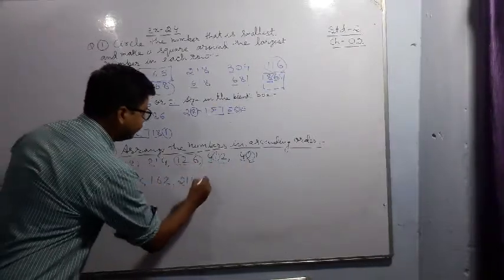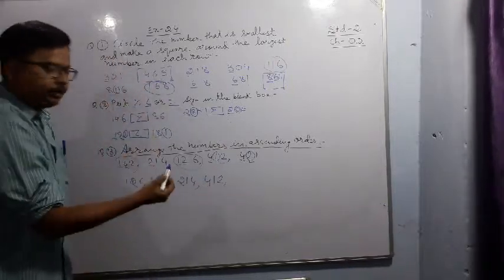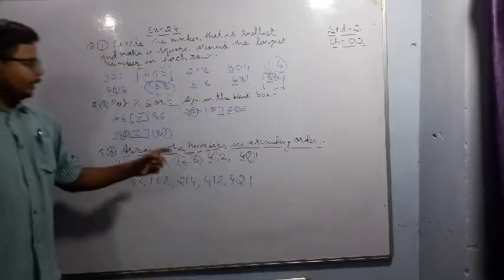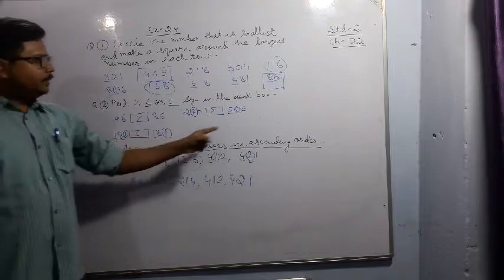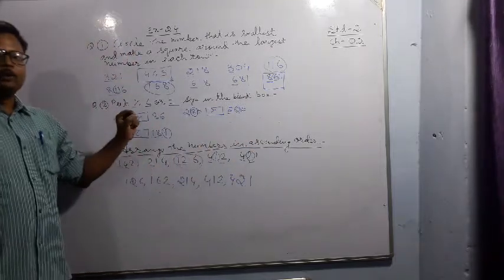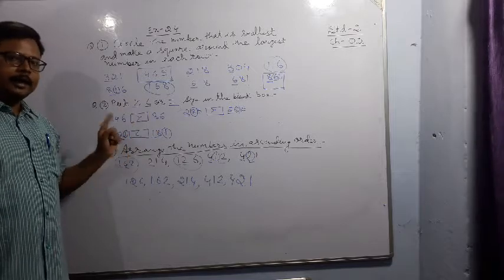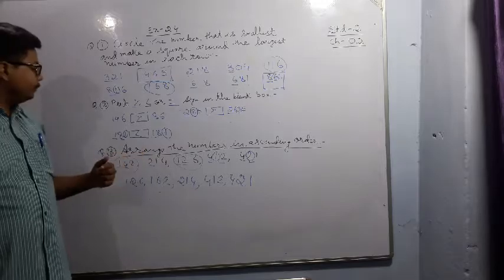So we write here 412 and the greatest number will be 421. So student, in this way we can complete the numbers in ascending order. You have to use the rules which I have taught you before this exercise and then you can solve all these questions easily. Now let us go to question number 4.